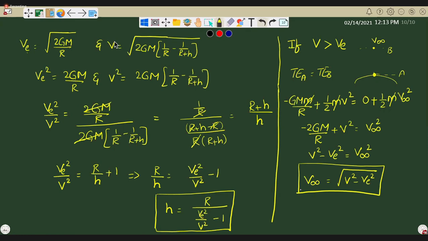So this is the velocity with which your body will go to infinity. Clear? Yes, sir. This is to escape your Earth. Okay. So I'm just recapping what we have just done.